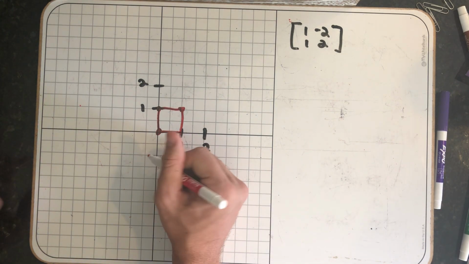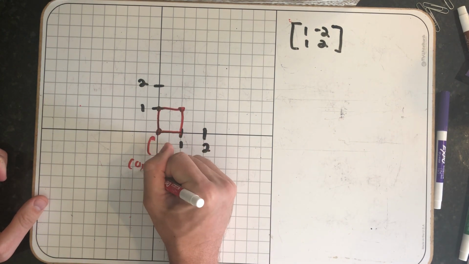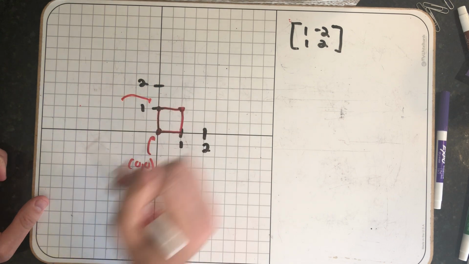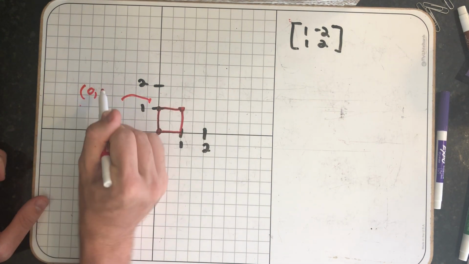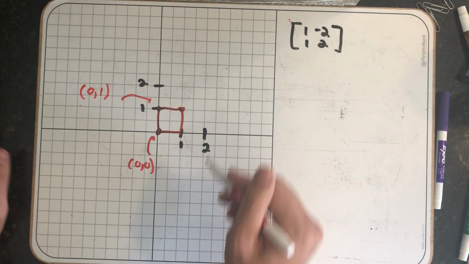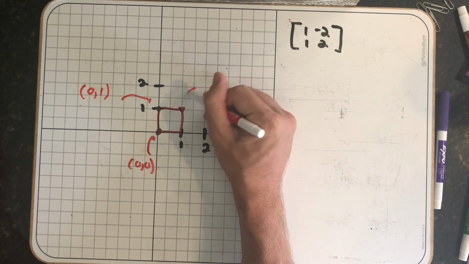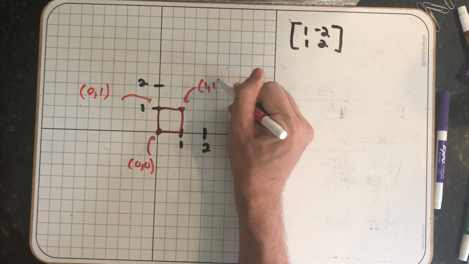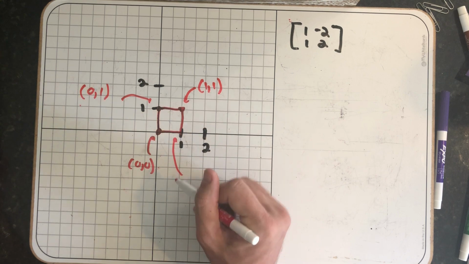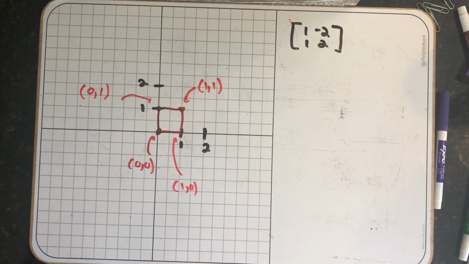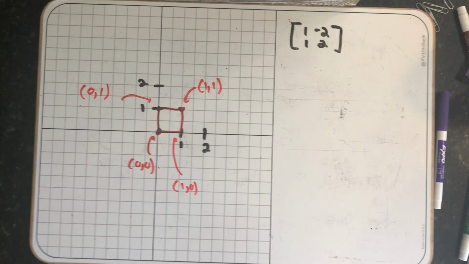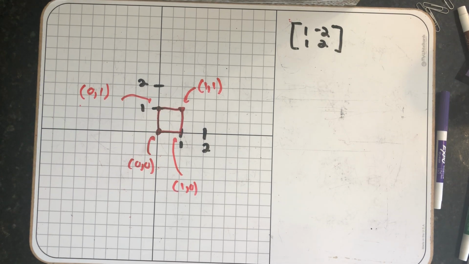Well, if I look at this square, I can think about the ordered pairs of the points around it. I'll definitely include the corners here in my calculation, and maybe a few other points just to make sure I'm getting everything absolutely correct.